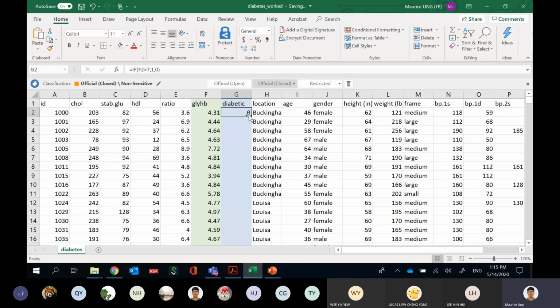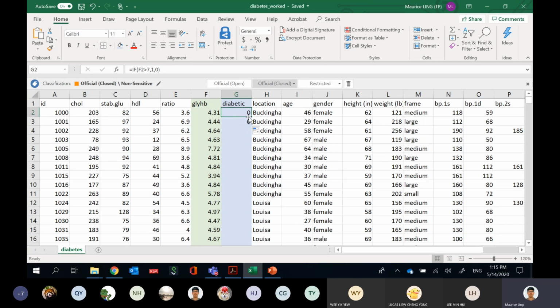Okay, so you can do 2 things. You can drag the whole thing down. The cursor, as I mentioned to you last week, I'm not sure did I mention this, there are 3 different cursors. One is this fat cross cursor. Then the other one is this double arrow cursor, which is for you to move things around.